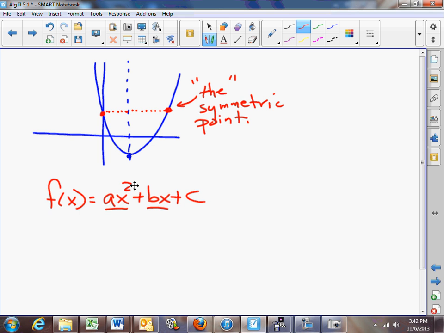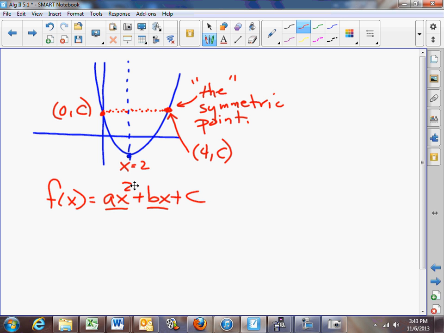So the y-intercept is going to be the point 0c. Now, if the axis of symmetry is, let's say, x equals 2, then 4 units to the right, you will also be at the height of c. So we'll also have 4c as the symmetric point.